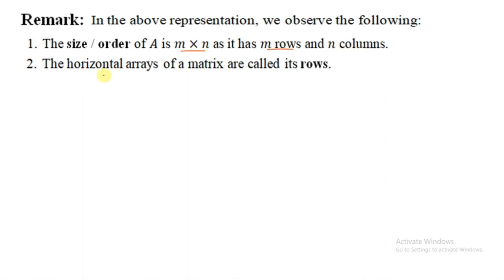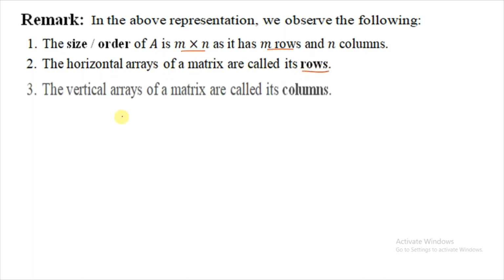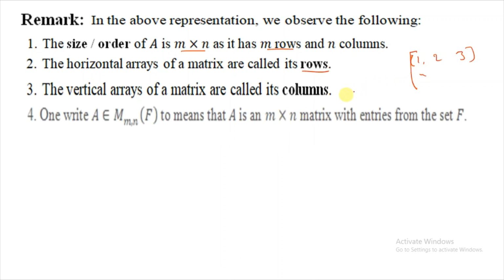The horizontal arrays of a matrix are called rows, and the vertical arrays of a matrix are called columns. Horizontal, like 1, 2, 3, is a row, the first row. Suppose 4, 5, 6 is the second row. And the vertical ones are called columns.